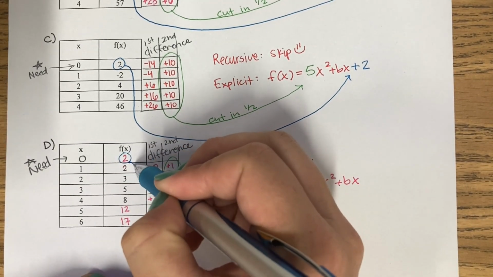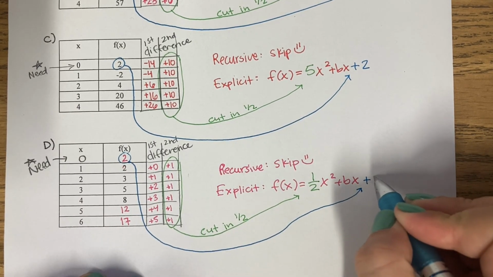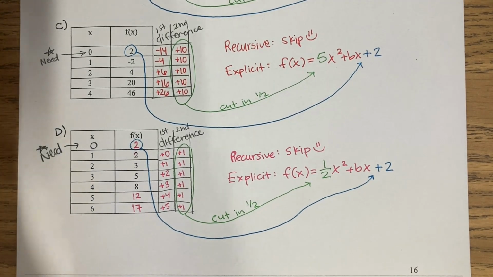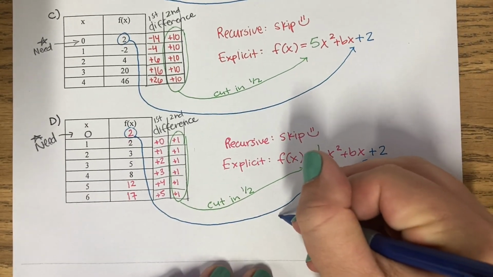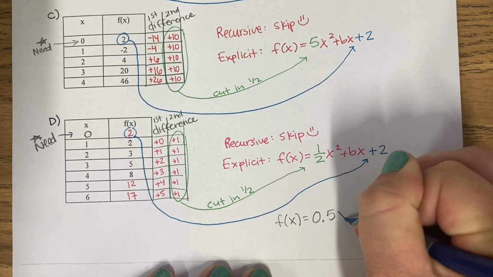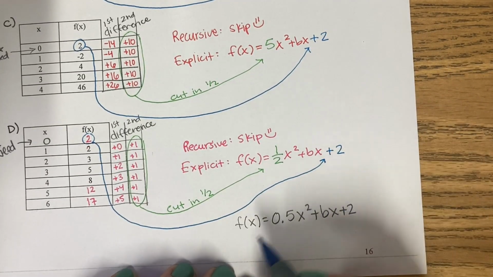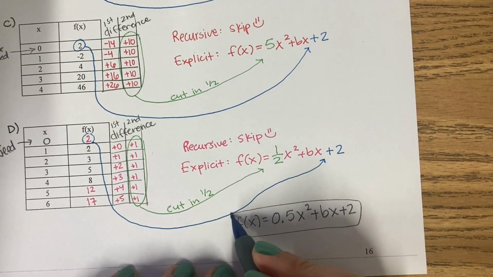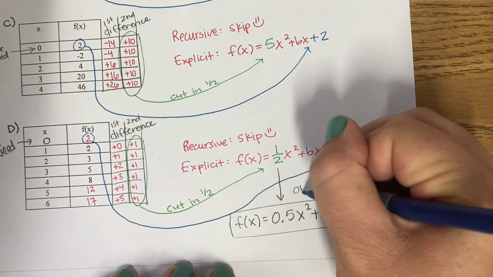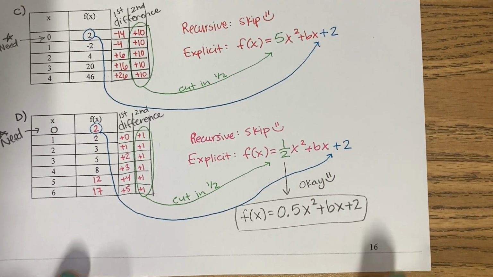And our y-intercept is a positive 2. Plus 2. Okay, if you write the explicit as f of x equals 0.5x squared plus bx plus 2, it is the same thing. Totally fine to use a decimal instead of a fraction.